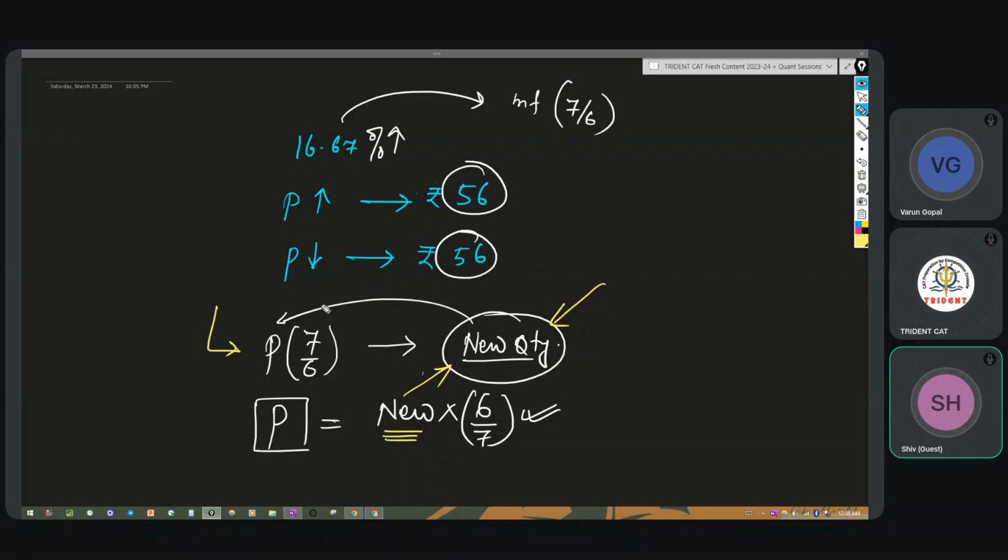Because I didn't have the absolute figures, like 100 rupees, 200 rupees, whatever, I just used the new quantity as my variable. In the new quantity I will introduce the multiplying factors, and I will get the old price back. This is what I did.